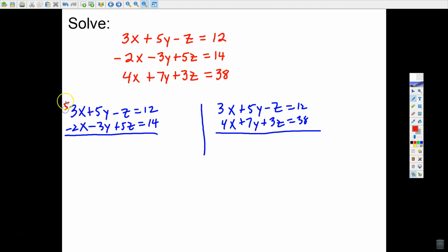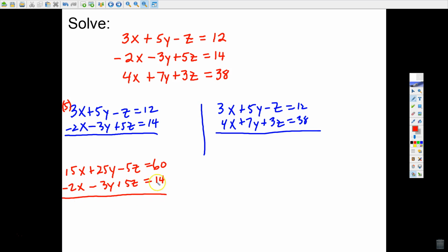So here's the top multiplied by 5: 15x plus 25y minus 5z is 60. And I don't have to do anything to the bottom: negative 2x minus 3y plus 5z is 14. And I'm going to add all the way across. I get 13x plus 22y is 74.